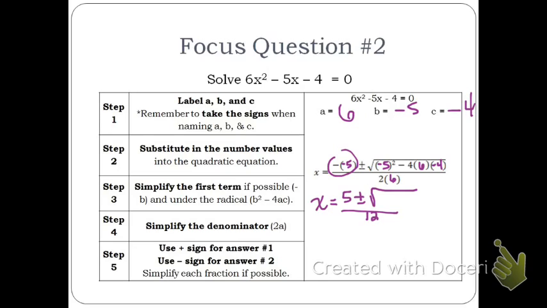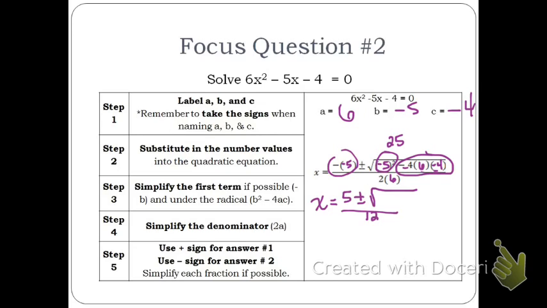Okay, let's solve our discriminant. Negative 5 to the second power is positive 25. And then we solve this part right here. We have a negative times a positive times a negative.